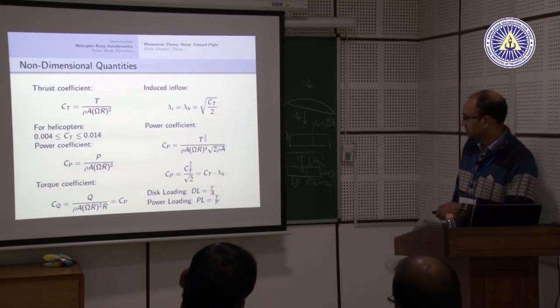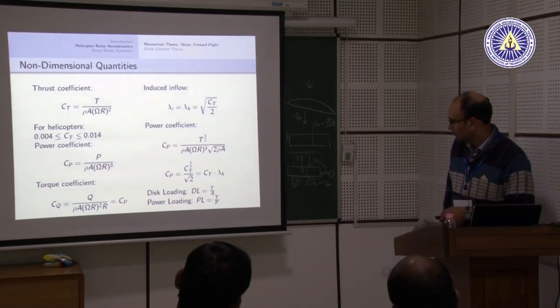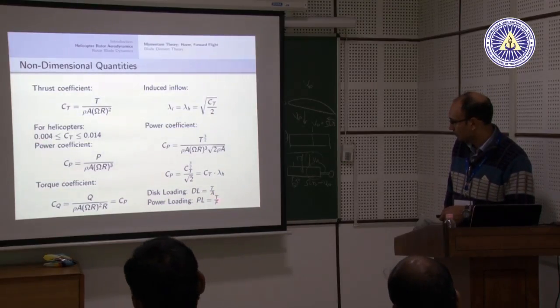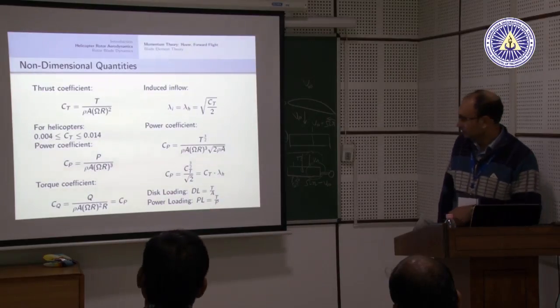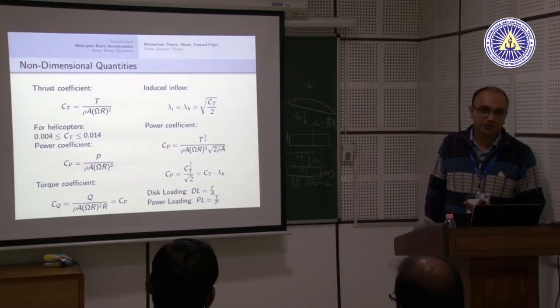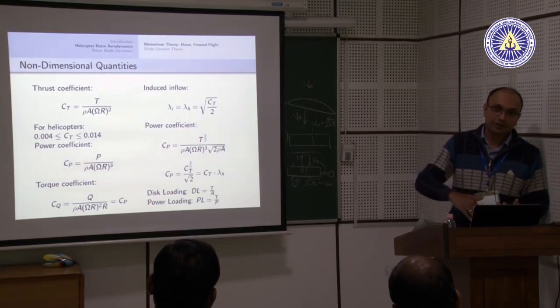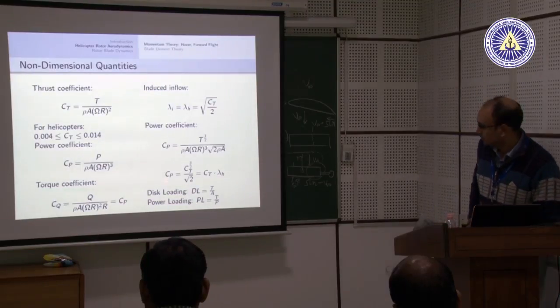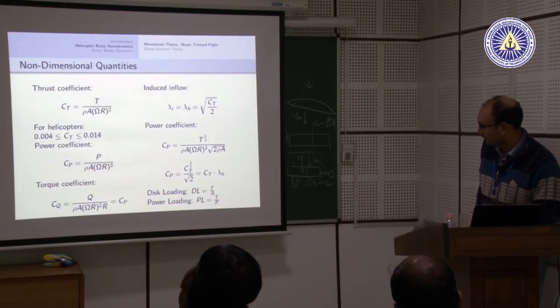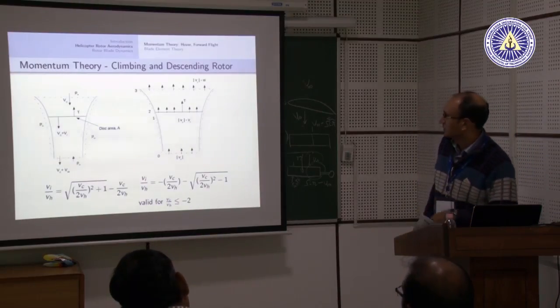Here we have thrust divided by the area of the rotor disk. Then there is another parameter called power loading, which is thrust by power. This is a measure of efficiency of a rotor. Higher power loading means better, which means my rotor can lift more weight for the same amount of power, so you want higher power loading. Disk loading, I will not go into the details right now.